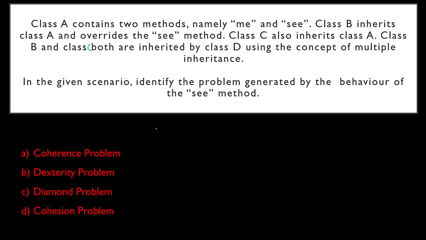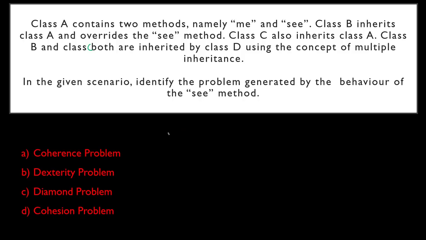In the given scenario, identify the problem generated by the behavior of the C method. The options are: A, coherence problem; B, dexterity problem; C, diamond problem; and D, cohesion problem. Now what are they saying here?